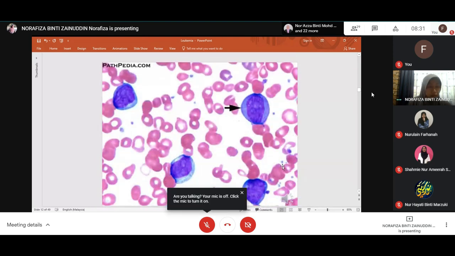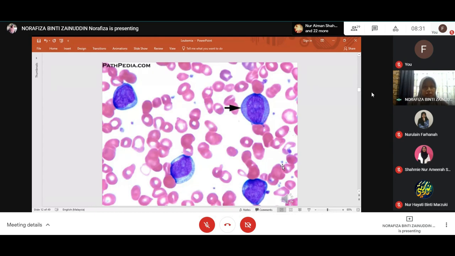So this is slide 12. This is the M1 type. Here, there are 90% blasts, myeloblasts, in the bone marrow or blood, depending on which sample you smear, and lack of any recurring chromosomal abnormalities.